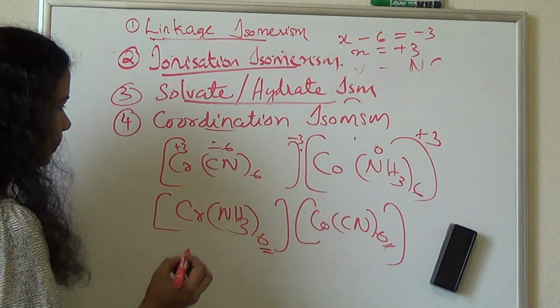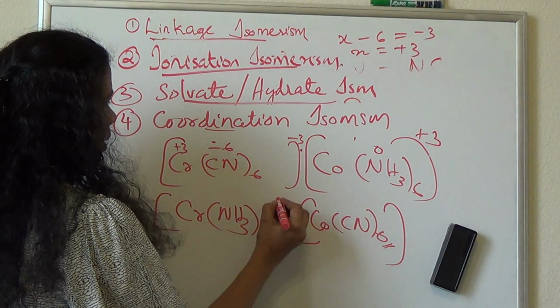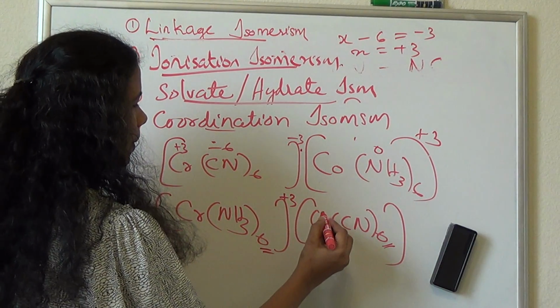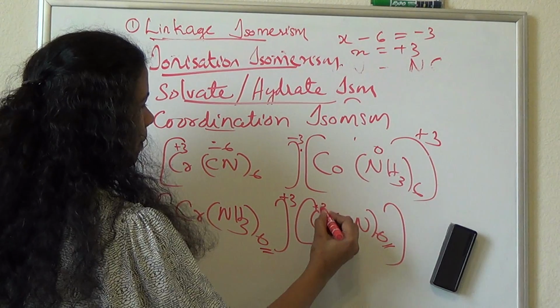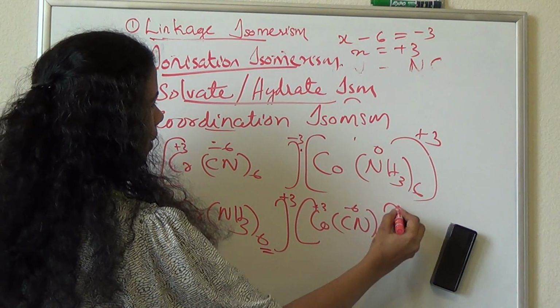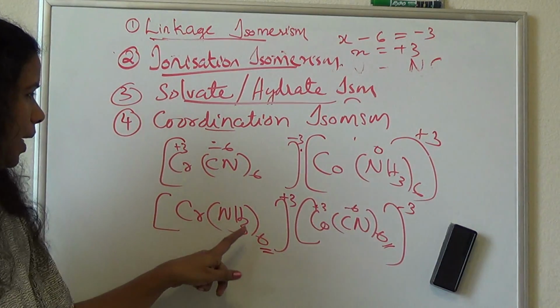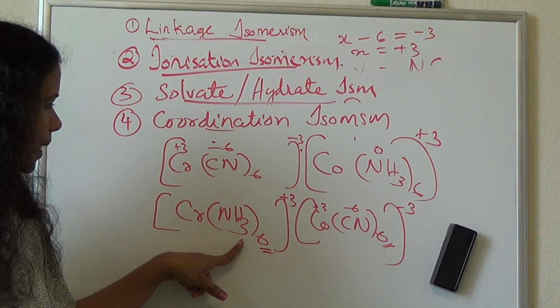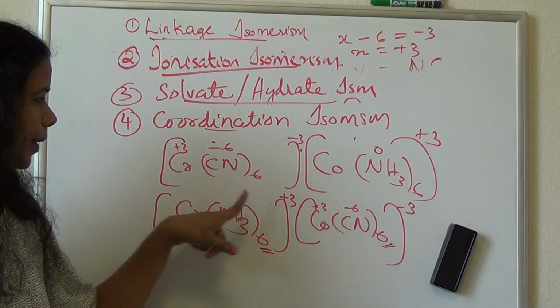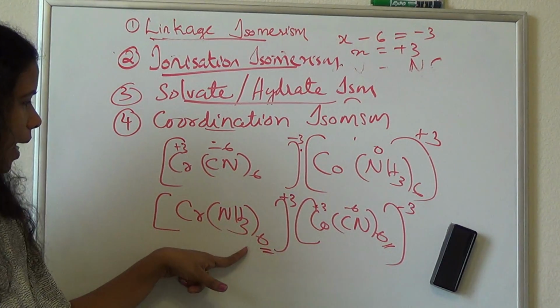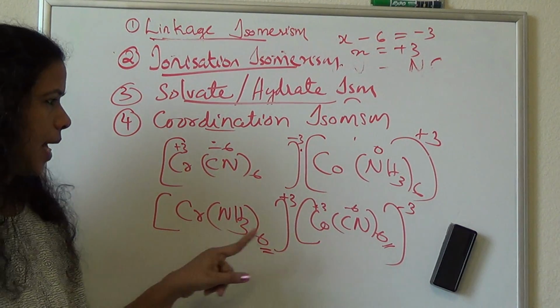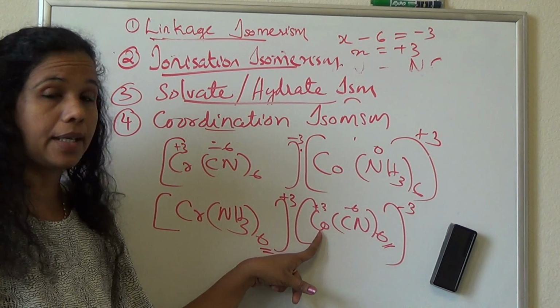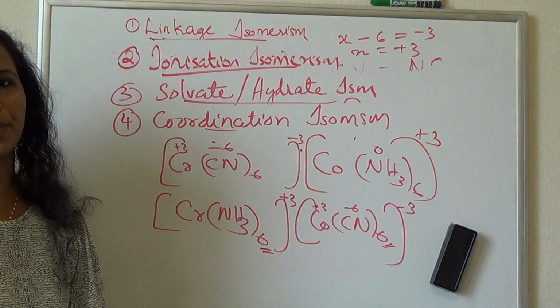And here +3, this -3. So the positive part is this one. So we have to name this first. Hexaamminechromium 3 hexacyanocobaltate 3. That is the name of this complex.